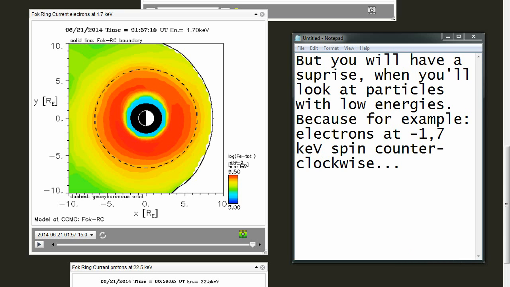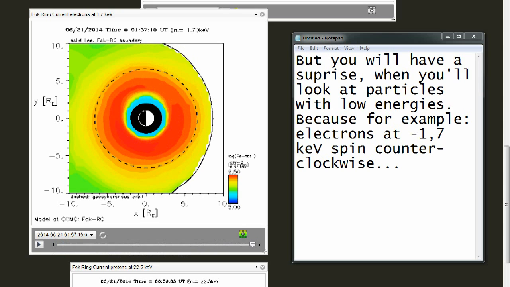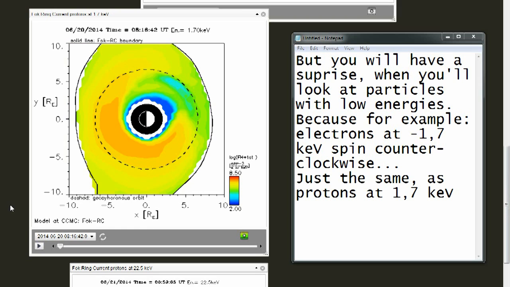But you will have a surprise when you look at particles with low energies. Because, for example, electrons at minus 1.7 kV spin counterclockwise, just the same as protons at 1.7 kV.